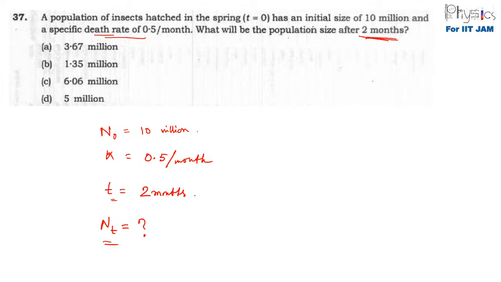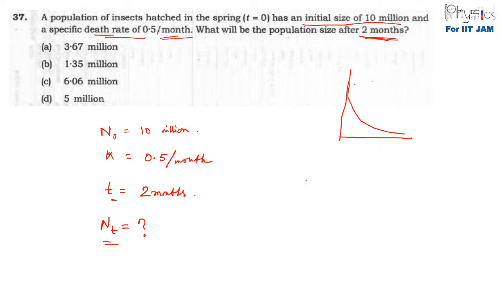Here the initial size is 10 million, and in each month the death rate is 0.5. That means this is a decay function, an exponential decay function.